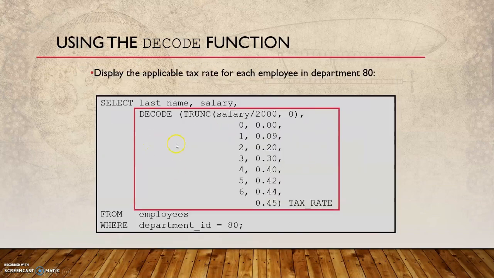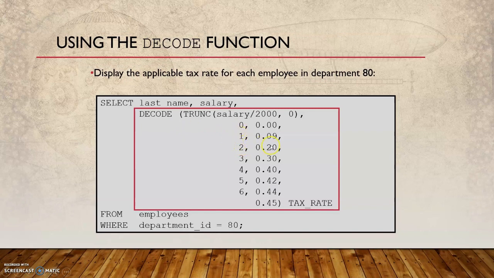And finally, decode. Decode is based on the result of salary divided by 2000, whatever the output is. If it is 0, for a 2000 salary, 2000 by 2000, then it returns a tax rate of 0. If it is something like 4000, then you have a 2 there.